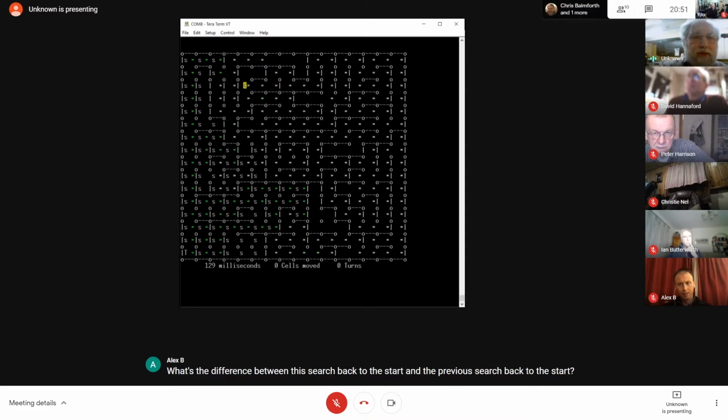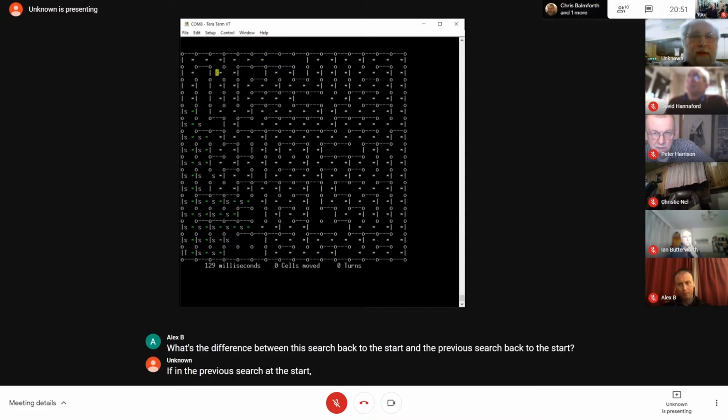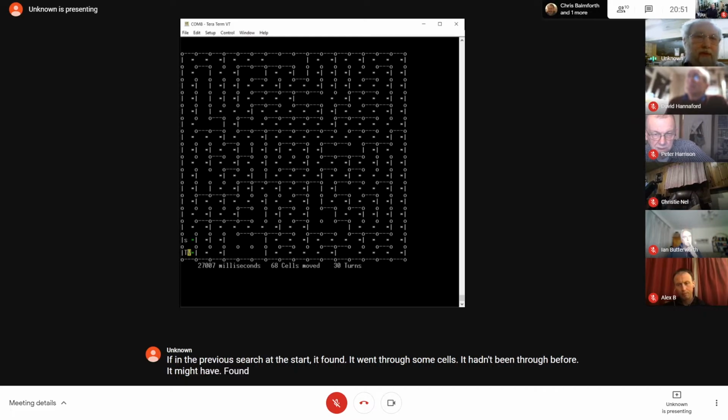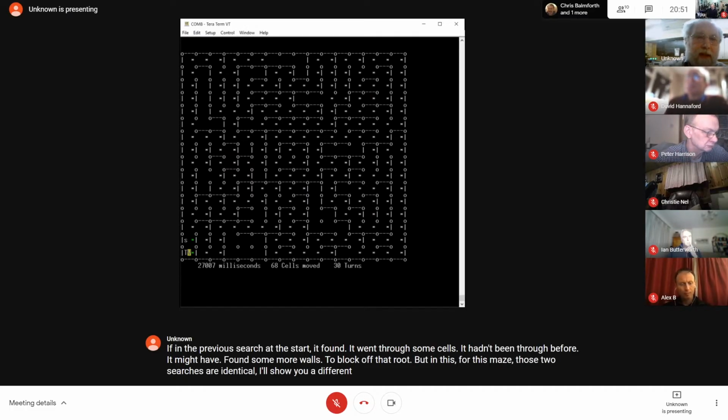If in the previous search back to the start, it went through some cells it hadn't been through before, it might have found some more walls to block off that route. But for this maze, those two searches are identical. I'll show you a different maze in a minute.